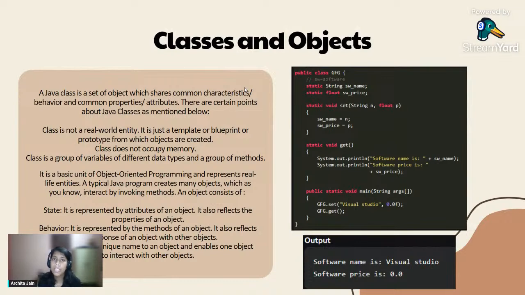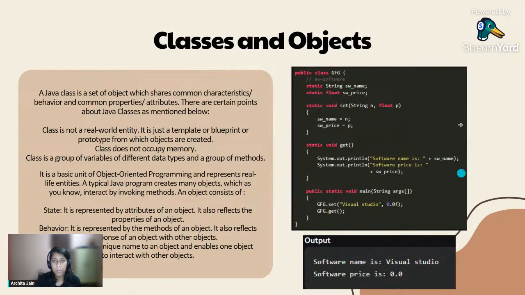Those properties and behaviors can be called the data members and the member functions. But in Java, data members and member functions are not the terms that we use. Instead of member function, we use the word methods. Using that blueprint of the class, we then create the object of a particular class that shows those behaviors and properties.